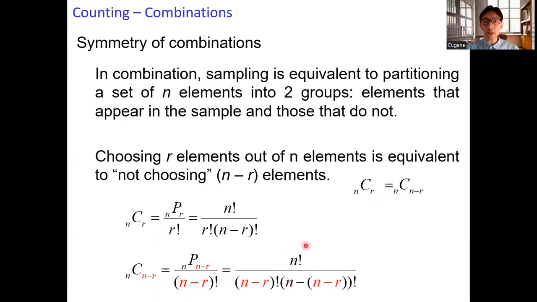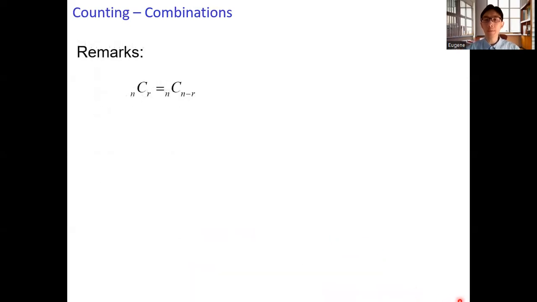This is equal to n factorial divided by (n minus r) factorial times (n minus r) factorial. Simplifying it, we get n factorial over (n minus r) factorial times r factorial. And you can see that nCr is equal to nC(n minus r). This is one property or one symmetry of combinations.